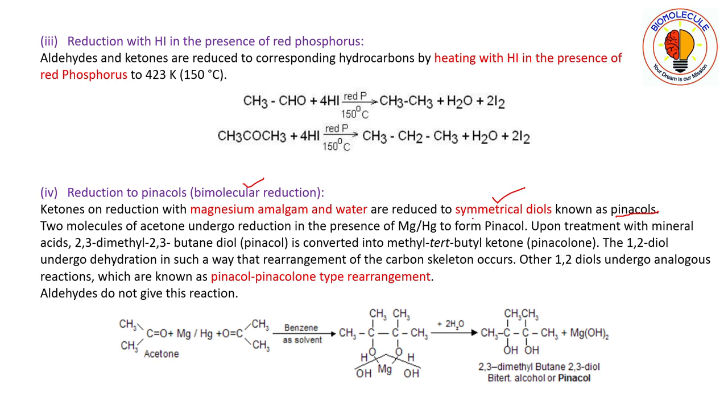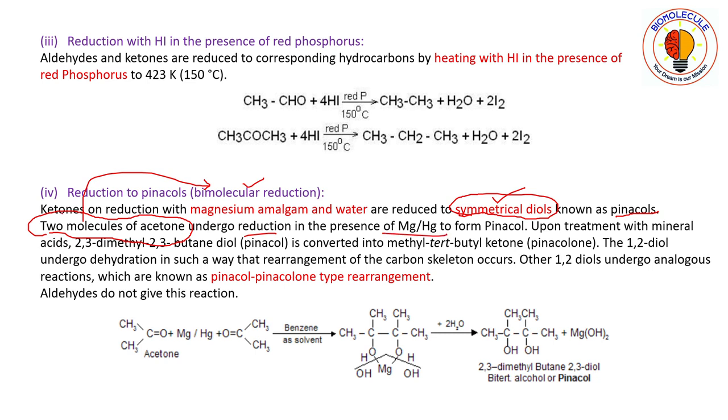Now see why you are ending up with symmetrical diols. Why not unsymmetrical diols? The answer is very simple: two molecules of acetone, that is, two same molecules, undergo reduction, a bimolecular reaction of acetone in the presence of magnesium amalgam.